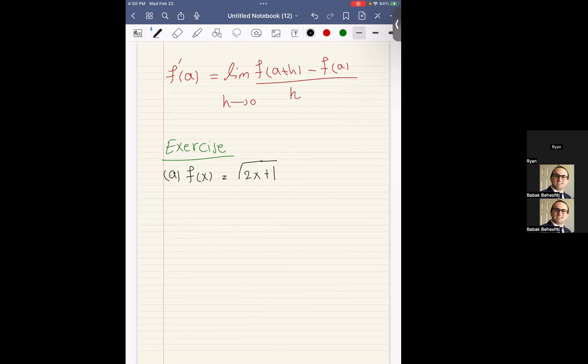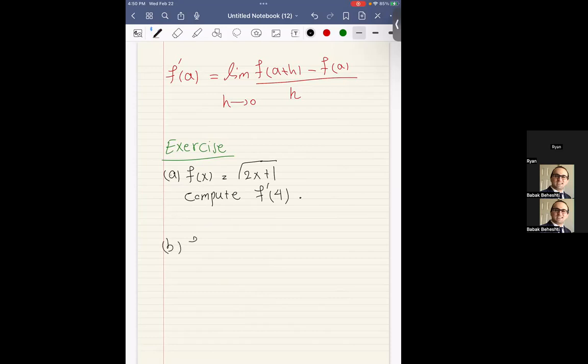Compute f prime at x equal to, for instance, 4. So compute f prime of 4.